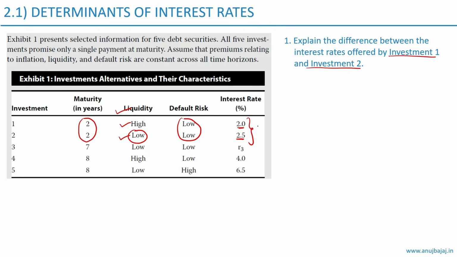So the additional 0.5% is nothing but the liquidity premium. So the difference between the interest rate offered by investment 1 and investment 2 is nothing but the additional 0.5% to compensate for the low liquidity of investment 2.